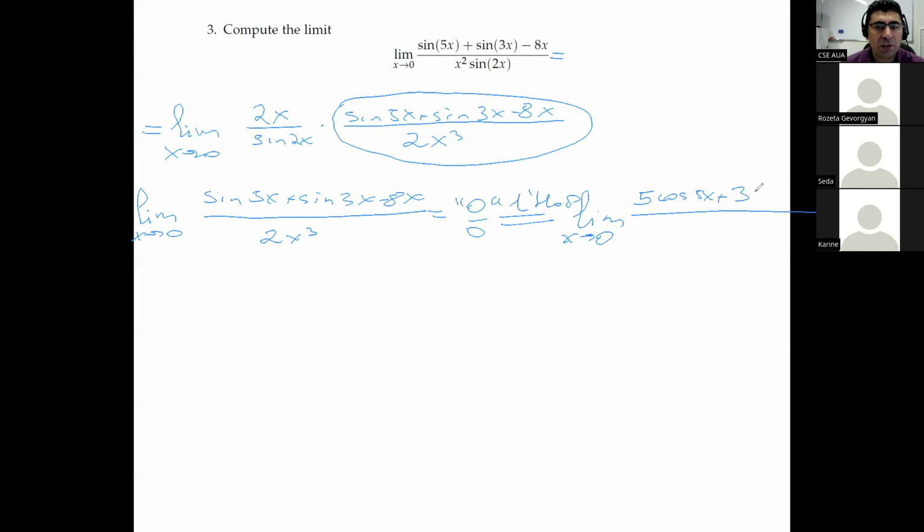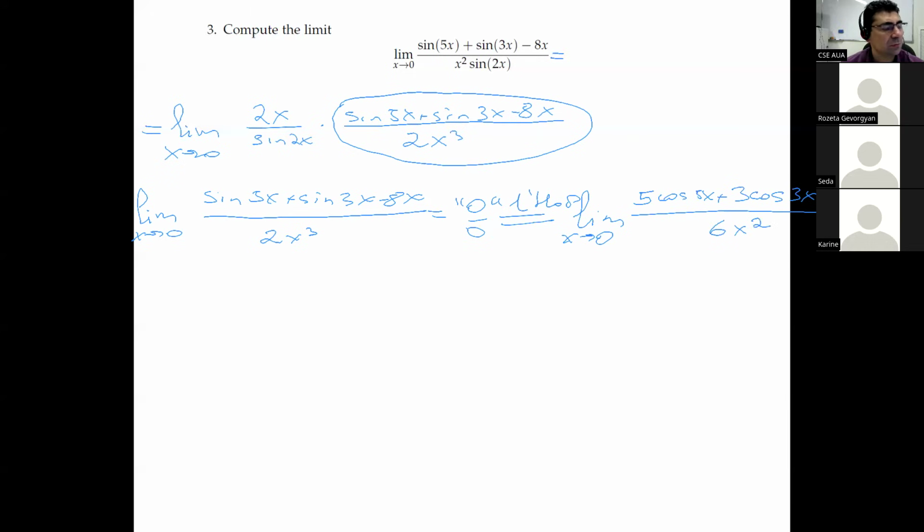Derivative of sine 3x. 3 cosine 3x. Derivative of 8x is just 8. Yeah? And divided by 6x squared.